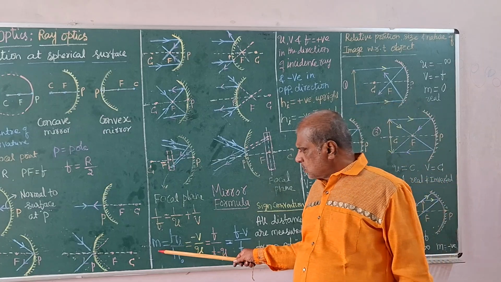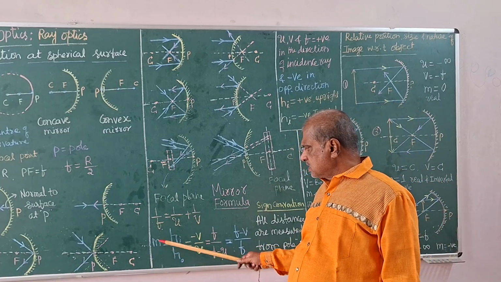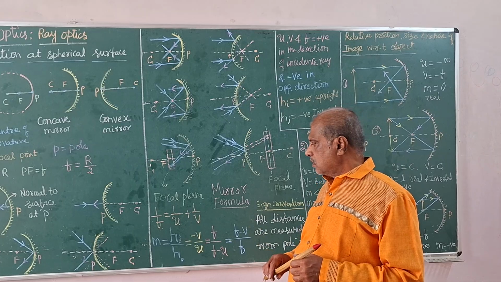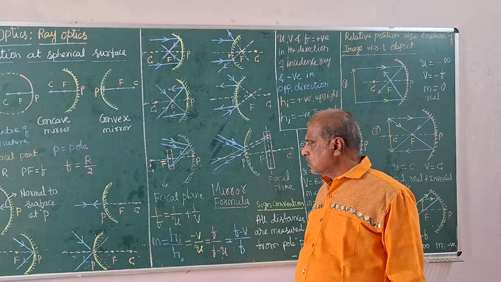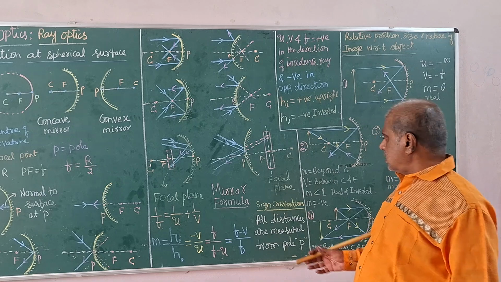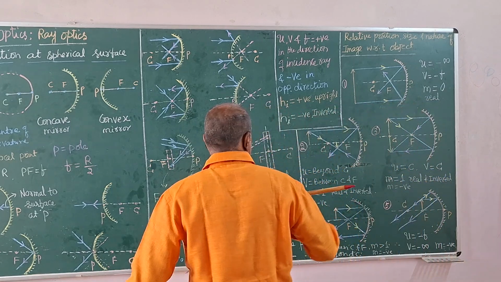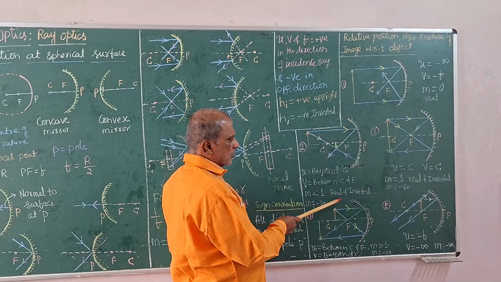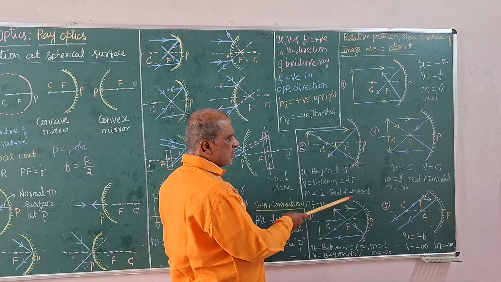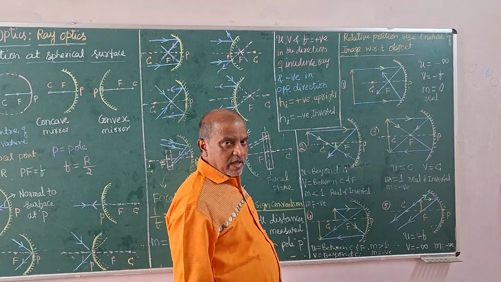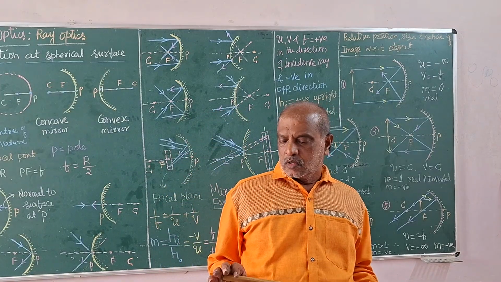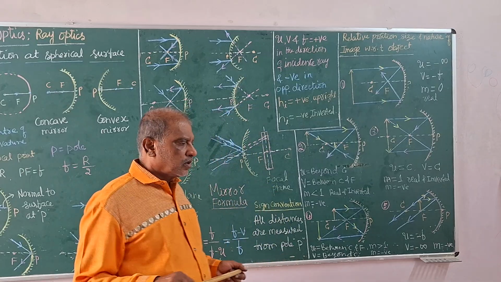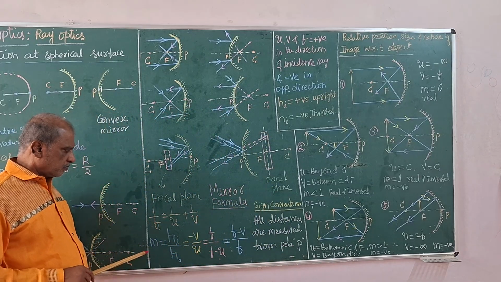And M also, after the calculation, is either positive or negative. If the M value is negative, the image you get is real and inverted. If M value is positive, it is virtual and erect. That is what the sign indicates.